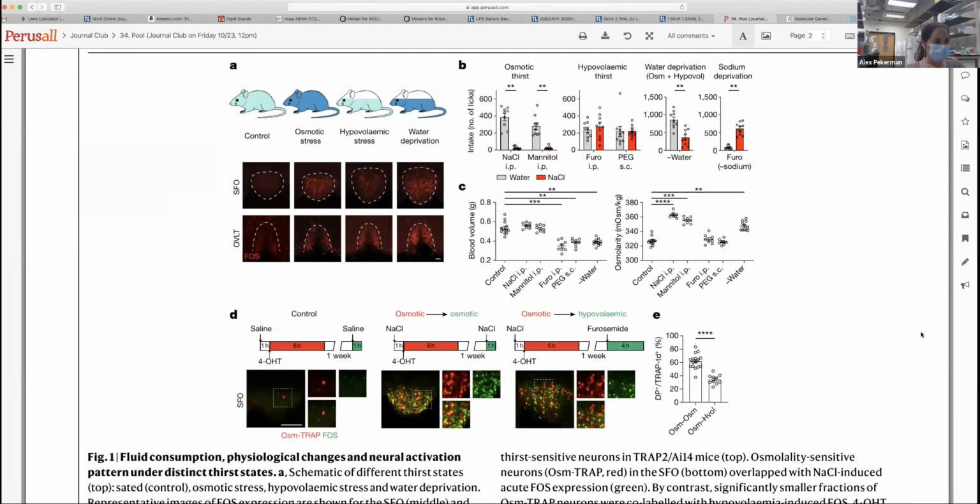Yes, actually. If they're waiting a week after injecting hydroxytamoxifen, why use hydroxytamoxifen and not just tamoxifen? Yeah. So tamoxifen is the cheaper version.